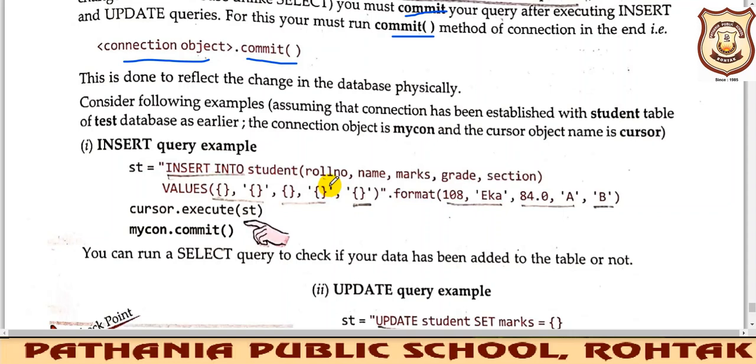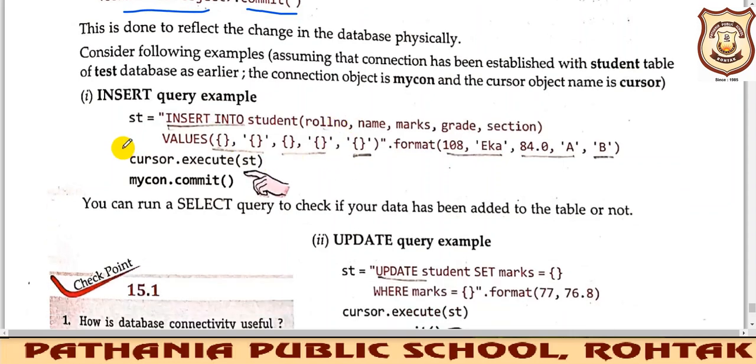Okay, so next is if you are writing an insert statement, how to write it? Insert into the table name, then all the fields of that particular table, and then how many values are there? 1 2 3 4 5, so we will be putting 5 placeholders. And why are we using single quotes here?